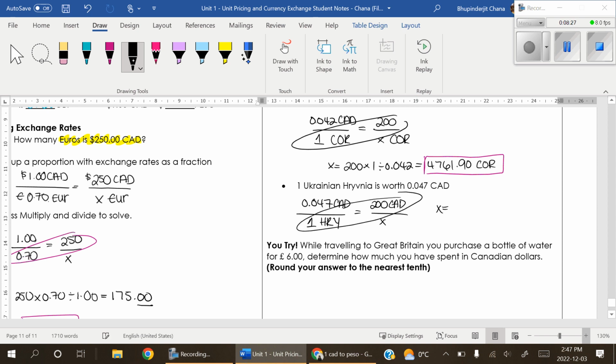X is equal to 200 times 1 divided by 0.047. Okay, let's plug that into our calculators. I get 4,255.32.